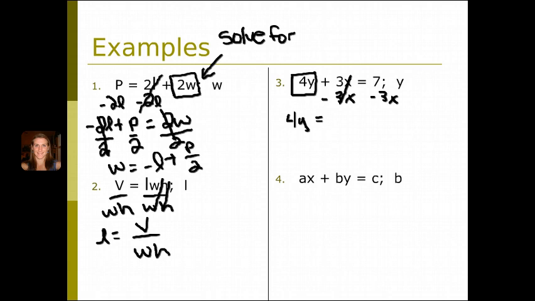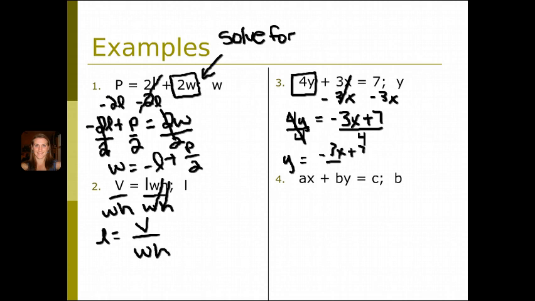So you rewrite it, negative 3x plus 7, and then you divide everything by 4. So you'll have y equals negative 3x plus 7 all over 4.